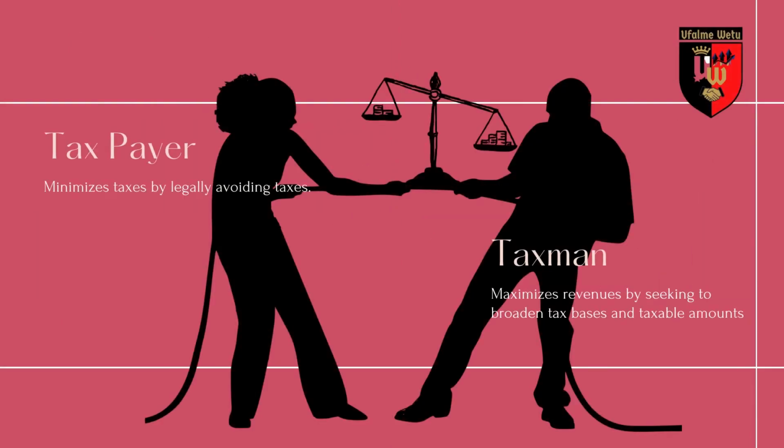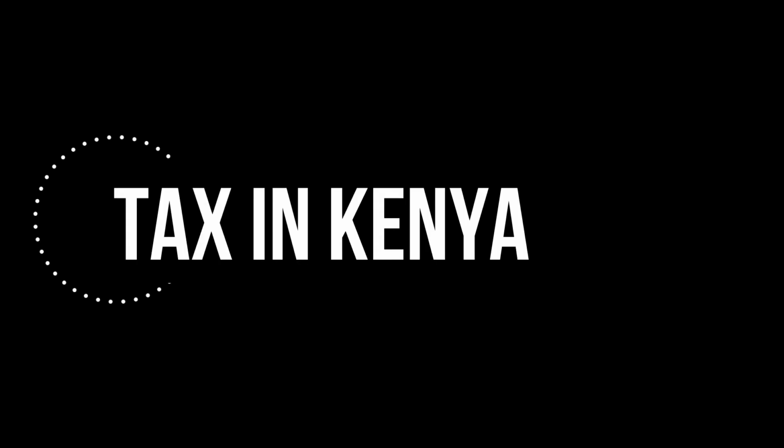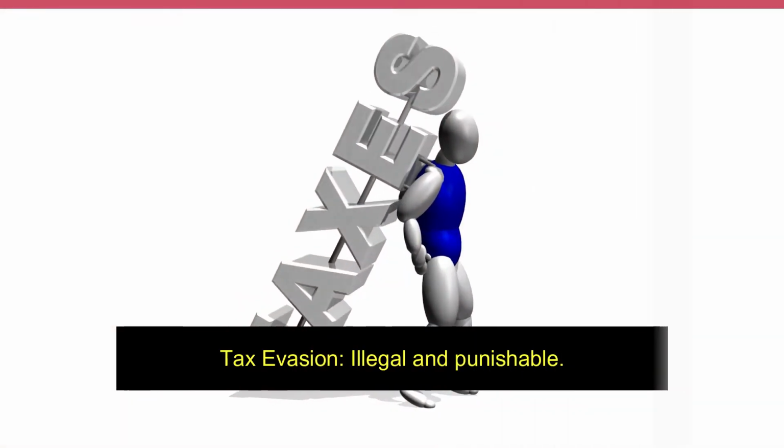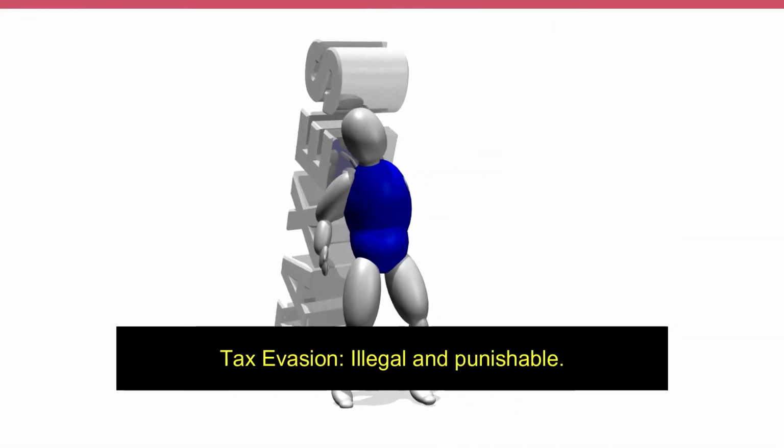So basically, taxation now becomes a game where the taxman seeks to maximize the revenue or the amount that he gets from you, and you, as the person who is paying the tax, you have to look for ways of avoiding paying a lot of tax. Notice the word here is avoiding, not evading.